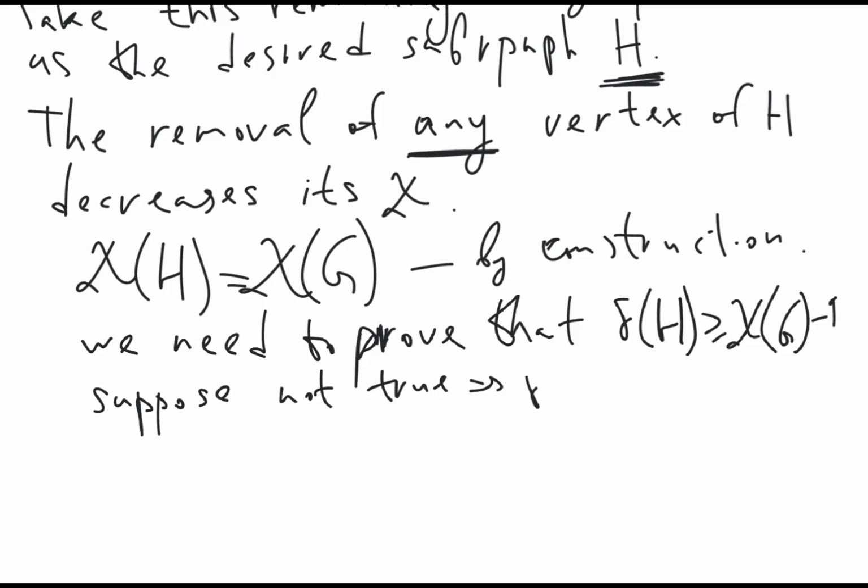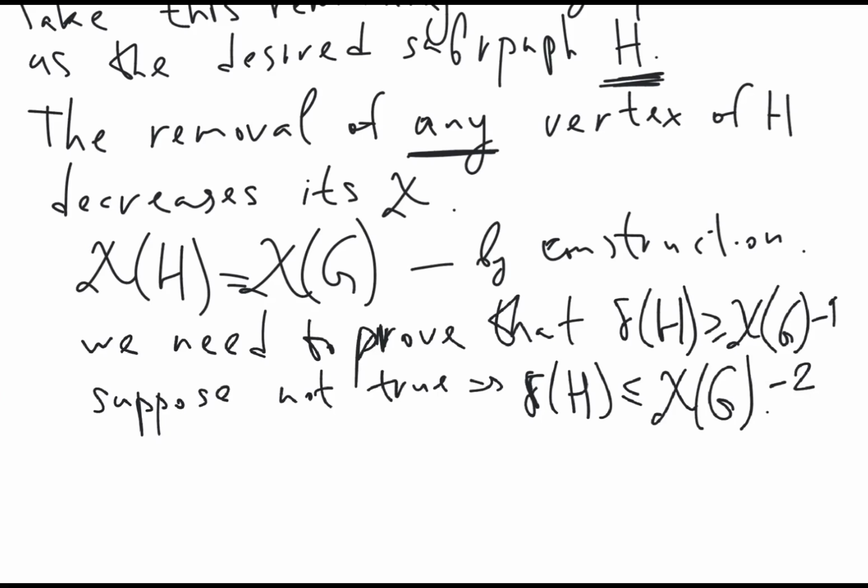This means that delta of H is less or equal than chi of G, right? No, not chi of G, but chi of G minus 2.